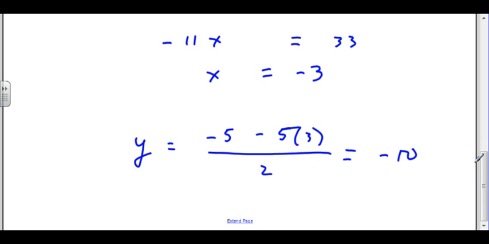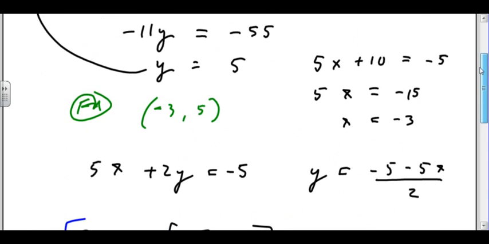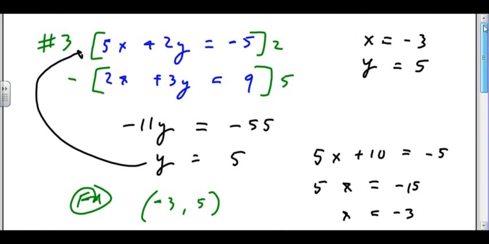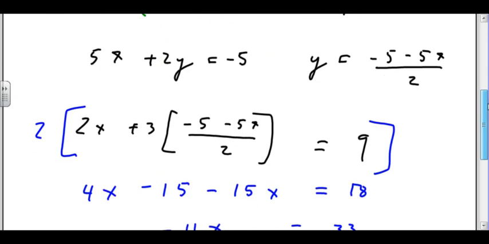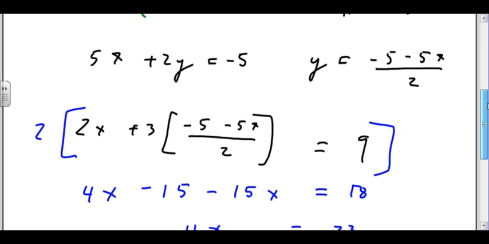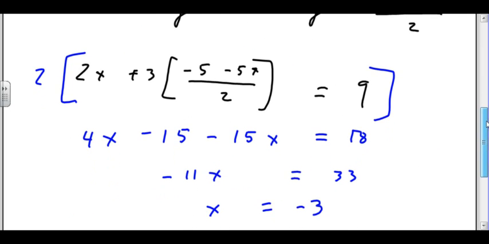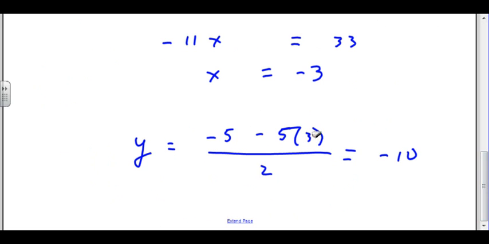Y is not minus 10, is it? Y is supposed to be 5. How come I have y as minus 10? Oh, it's minus 5 times minus 3. That's better. So this is 10 divided by 2, which is 5, which is what I really want.